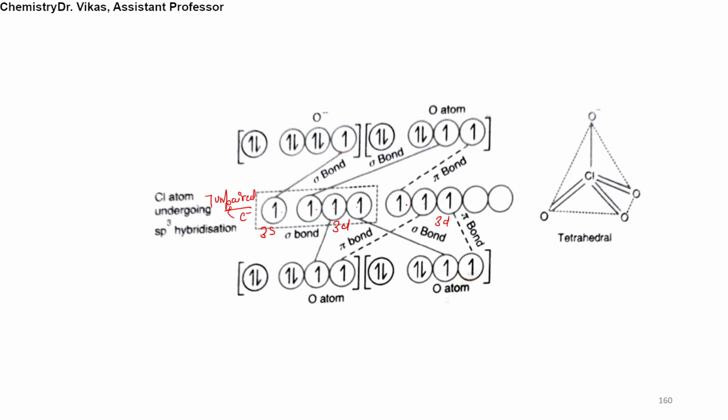One is involved in a sigma bond, this is also involved in a sigma bond, and so on. The three unhybridized 3d orbitals form 3 pi bonds with 3 oxygen atoms.